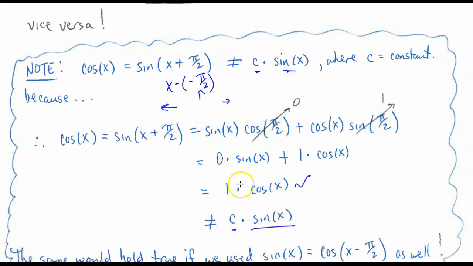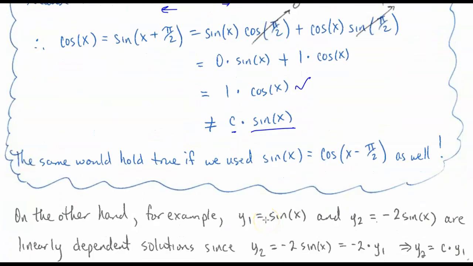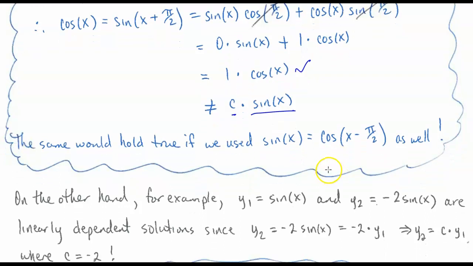So this shows us that cosine cannot be written as a constant multiple of sine, meaning some non-zero number times sine. Not possible. In the same way, sine will not be able to be written as a constant multiple of cosine. That's an example of what it looks like when two functions are linearly independent from each other.